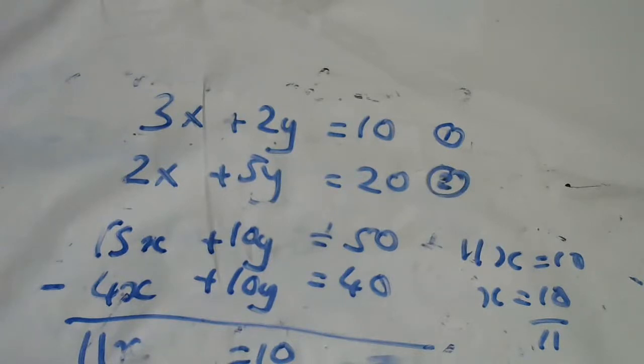So we've got x equals 10 over 11. Can you copy this out? Again, keep copying it as we're going step by step. And then I'll finish off the question by telling you how to find y, which you should already know.